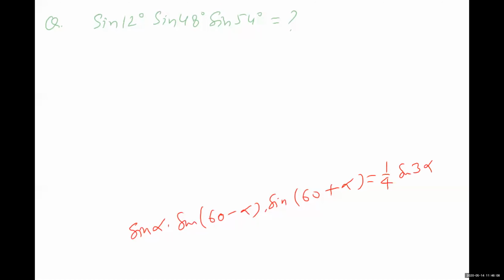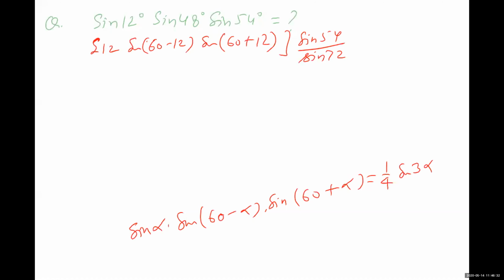So in this, what you will do: take sine 12, sine 48, where 48 is 60 minus 12, multiplied by sine 60 plus 12, and write sine 54 upon sine 72 outside. So this will be 1/4 sine 3 alpha, that is sine 36.